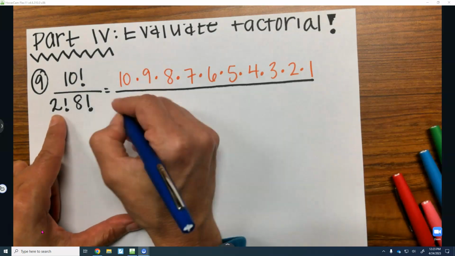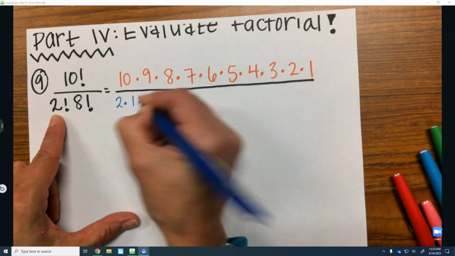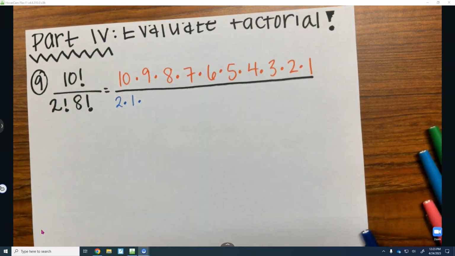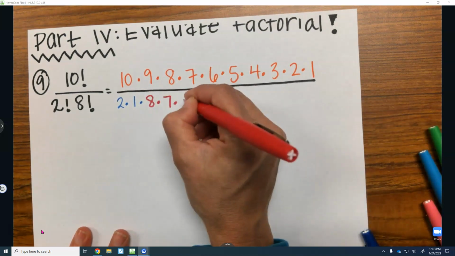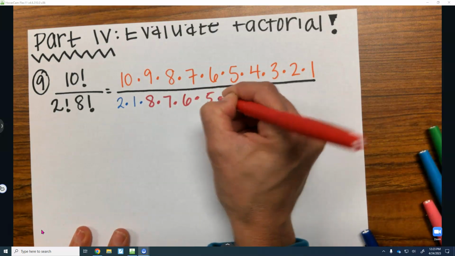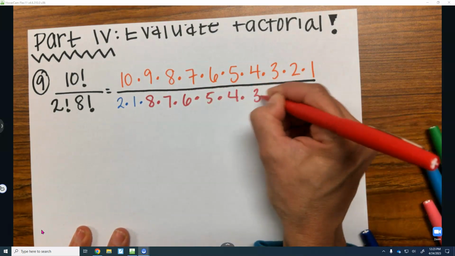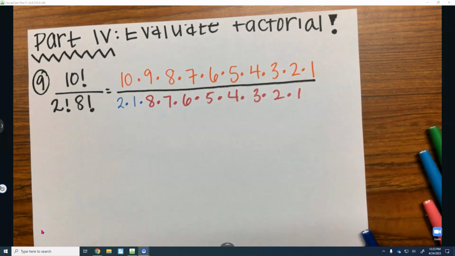So for 2 factorial, it's just 2 times 1. But 8 factorial is going to start with 8 and go all the way down to 1. 8, 7, 6, 5, 4. Guys, if I ever throw you a test or a quiz question on stuff like this, it's really just testing to make sure you know how to simplify fractions.